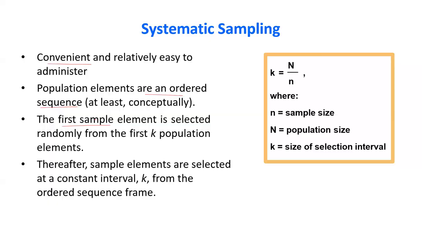So it may happen that if I'm ordering it, I may miss out certain extreme values, or I may miss out some smaller values. That may lead to some selection bias because I'm following some systematic way of picking up the observations. In that way, it may lead to some kind of sampling error. Again, in certain cases where it is highly difficult to collect the entire data and do sampling on top of it, we generally go with systematic sampling.